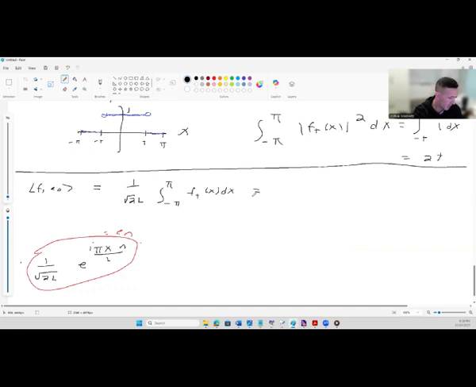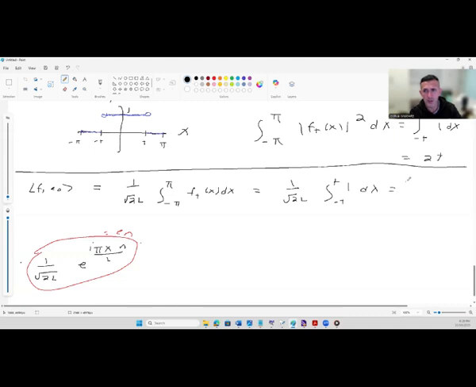And that is just 2t. Same thing, 2t here, because it's just 1. Out 1 over square root of 2L. Same thing, minus t to t. 1 doesn't matter if it's squared, anything there.